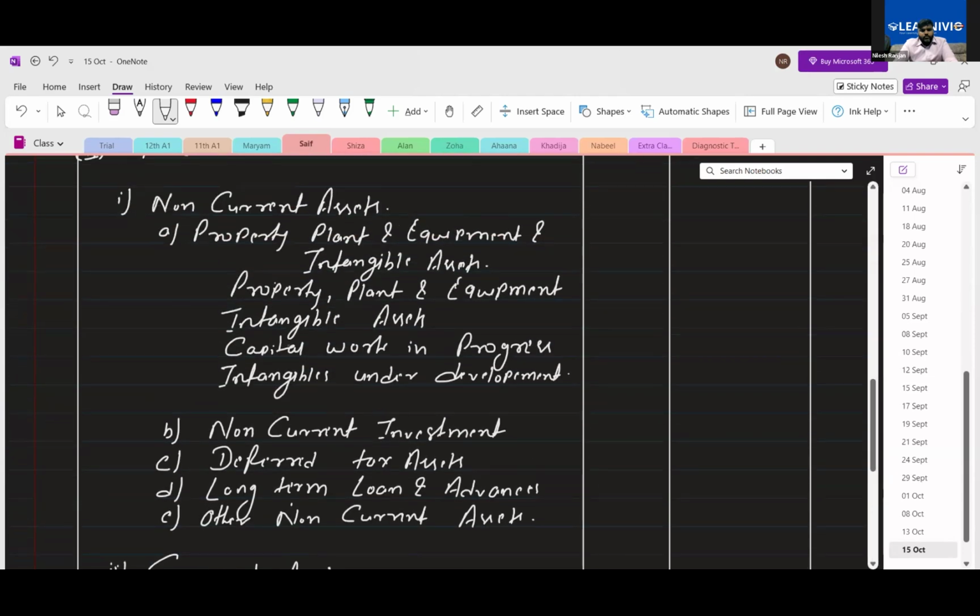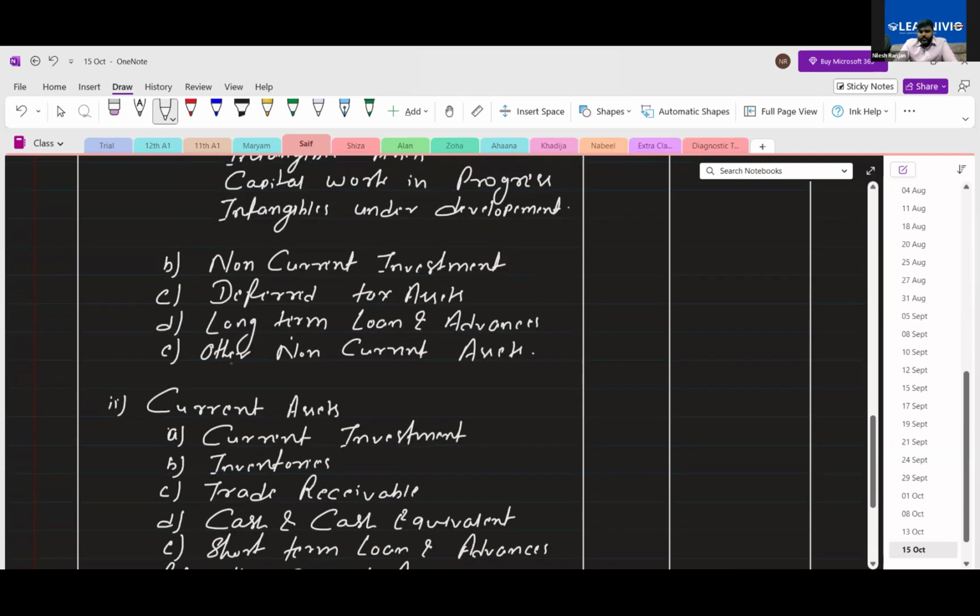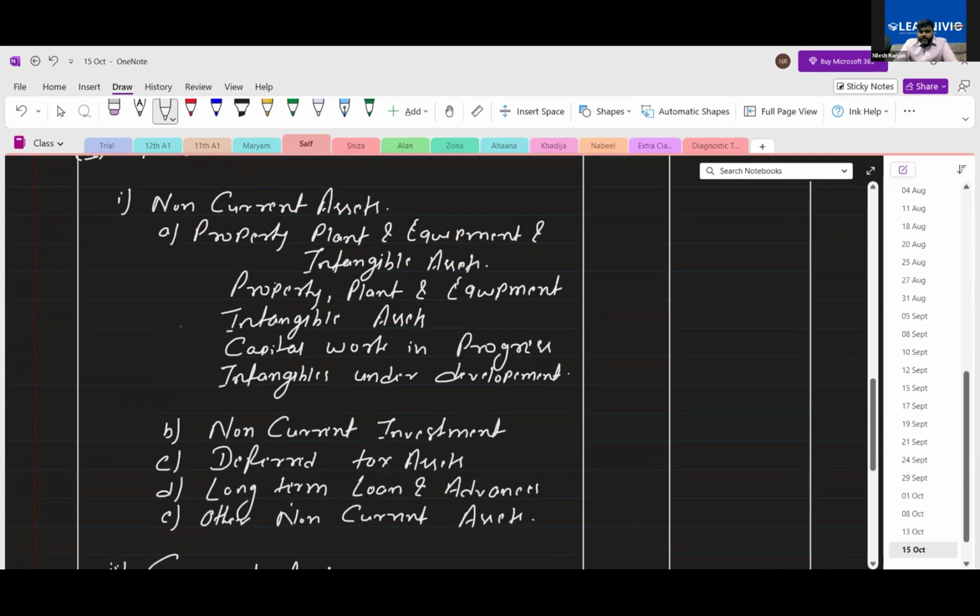Their second one is assets, right? You have written all non-current assets. After that, you have to start from current assets. These B, C, D are under non-current assets.